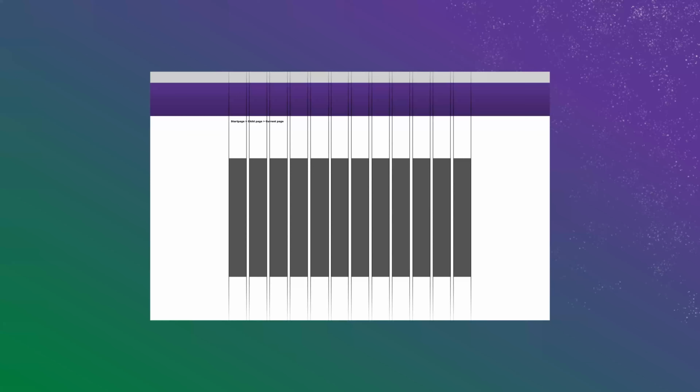Now, you might say, well, if I divide it by 5, it would work fine with 10. So let's do the same practice again with 10. Let's divide 10 by 2. Yeah, you get 5 columns. Let's divide 10 by 3.